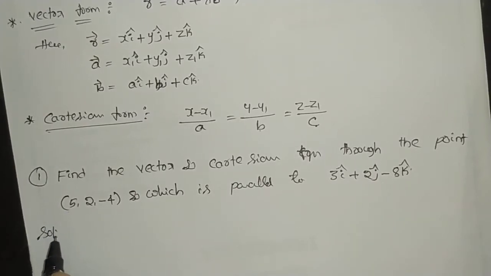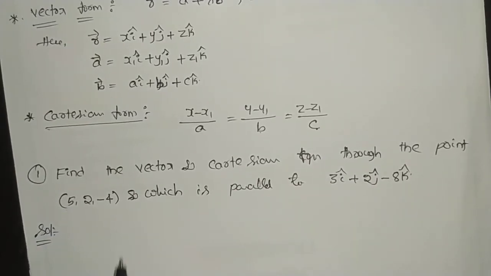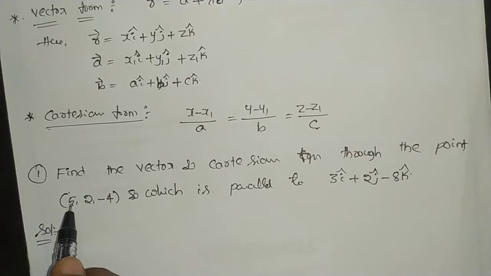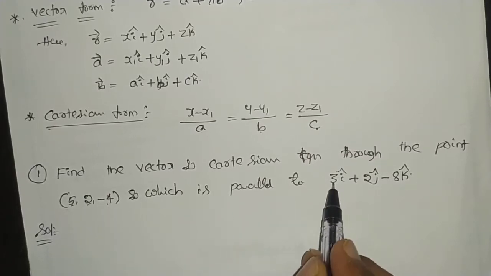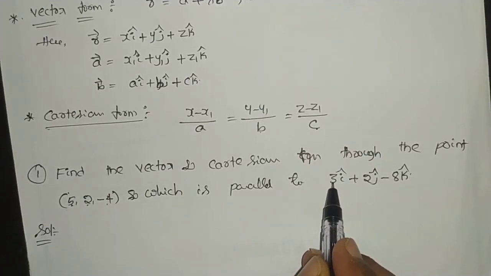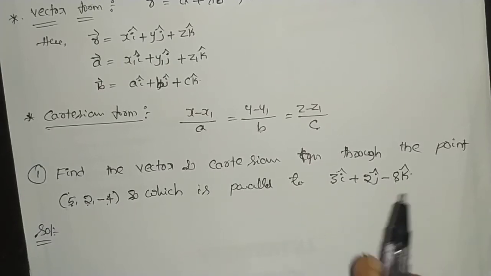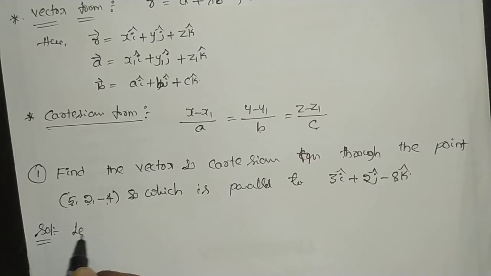Solution. The point through which the line passes will be x1, y1, z1, and the parallel vector gives a, b, c: a equals 3, b equals 2, c equals minus 8. Before that, write down the given things.